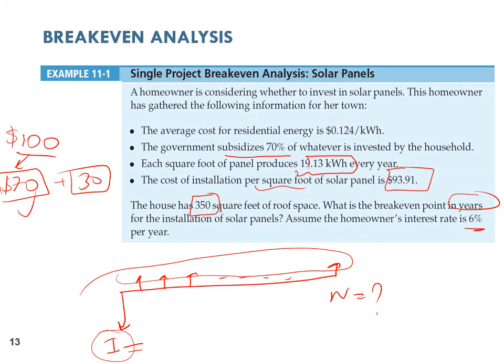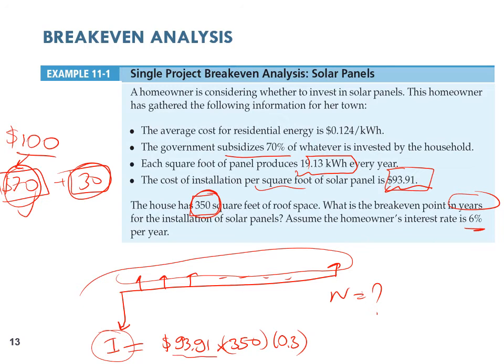The initial investment is this one, the installing cost, $93.91. But this is per 1 square foot, and I need to multiply it by 350 so that this is the total investment cost. But 70% of this cost will be paid by the government. So I'm going to pay only 30% of it.